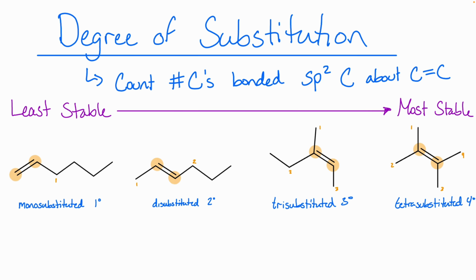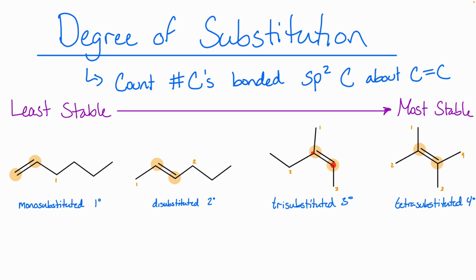By that we mean how many carbons are bonded to those sp2 hybridized carbons that make up our carbon-carbon double bond. So our mono-substituted alkenes, when we just have one carbon neighbor to those sp2 hybridized carbons, those are our least stable. If we count 2 carbon neighbors, those are our di-substituted alkenes. Those are a little bit more stable.